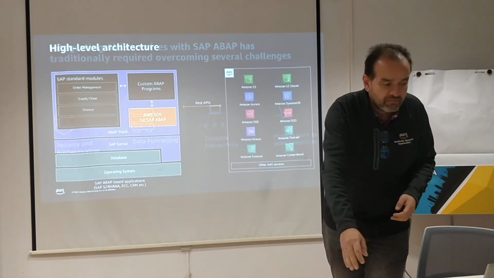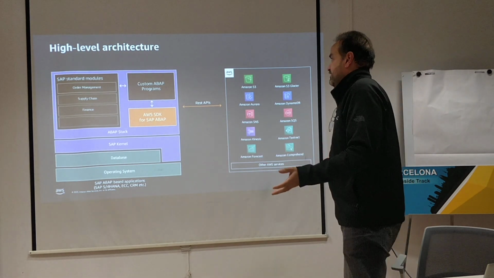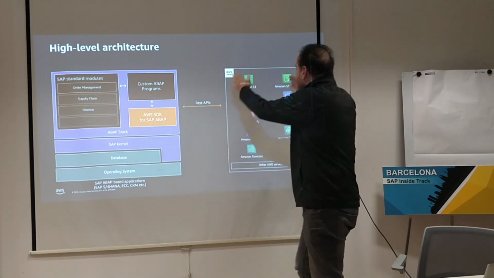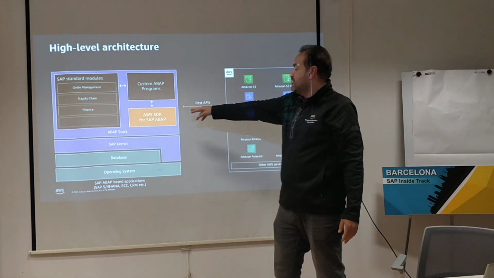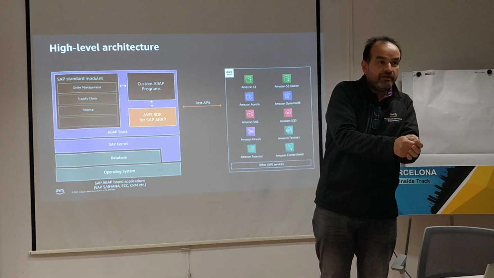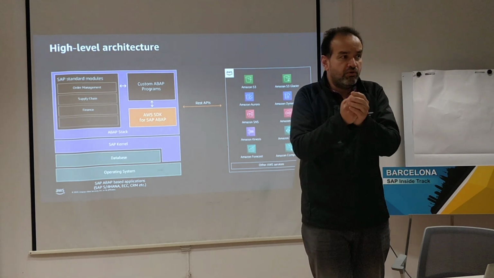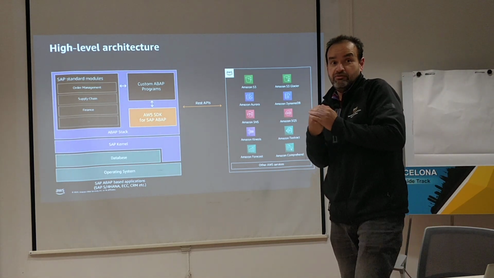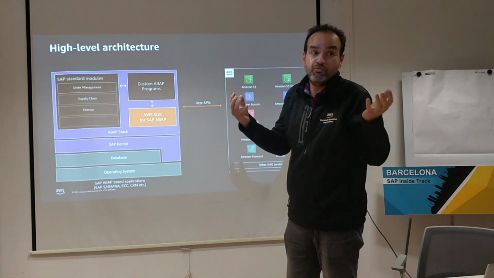The architecture is quite basic. We have SAP and we have AWS, and only the SDK that is included into ABAP. So we need to include it, in this case, via transport. Why are we doing transports and not an add-on? You may ask.